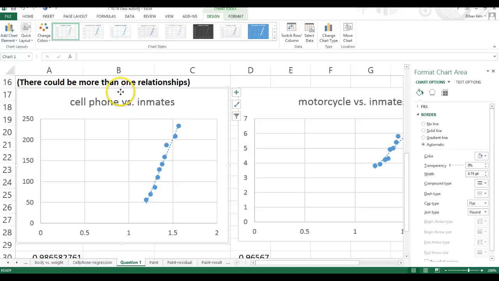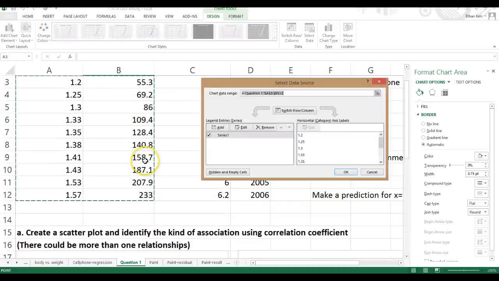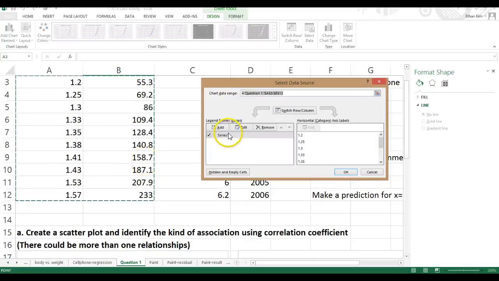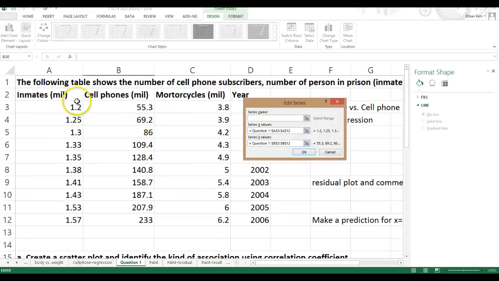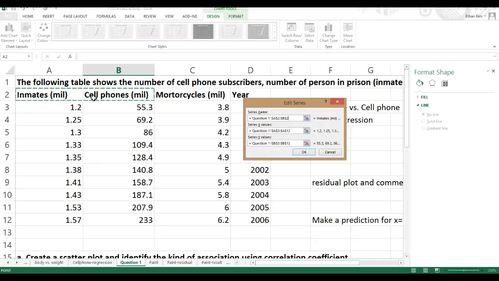So we're gonna right click, select data. Alright, and it gives you a series where you can put in the legend entries, right? The legend entries, we're gonna edit this, should be the labels. So it's going to be inmates and cell phones, okay? These two that we're concerned with. And it asks for series X values.